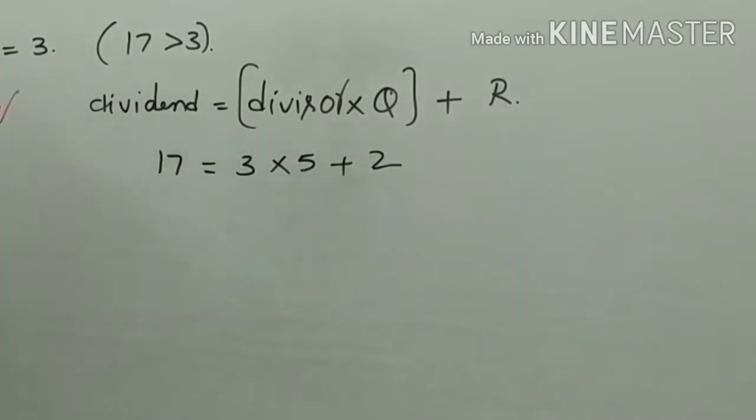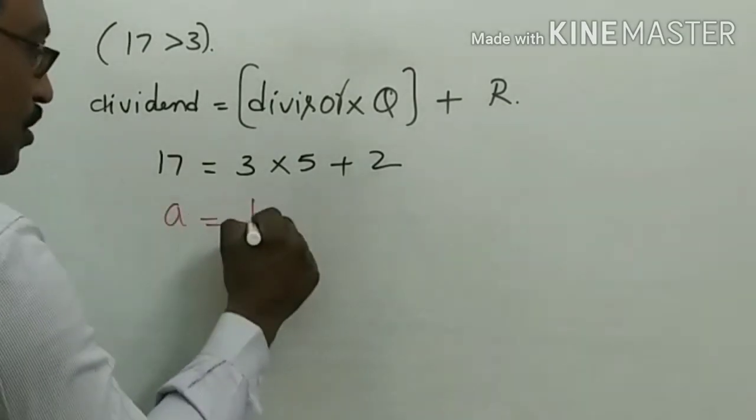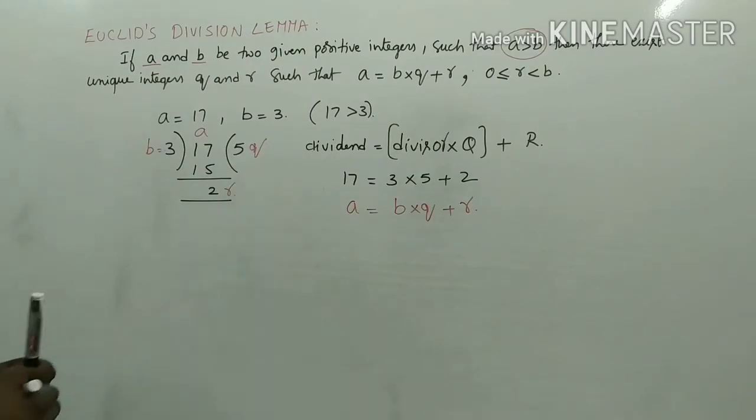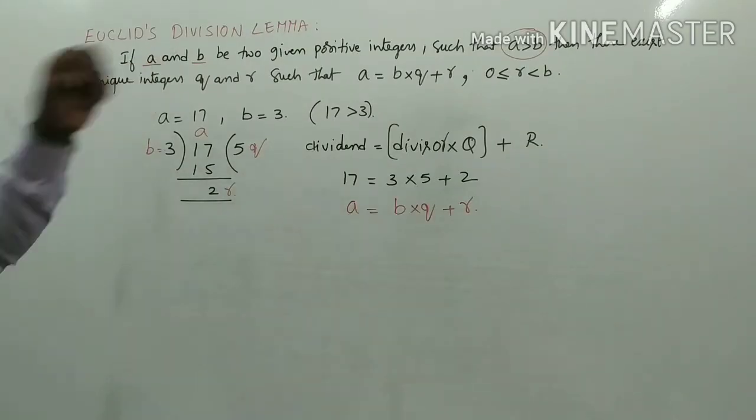This is where A is equal to B into Q plus R. So this is called a division lemma.